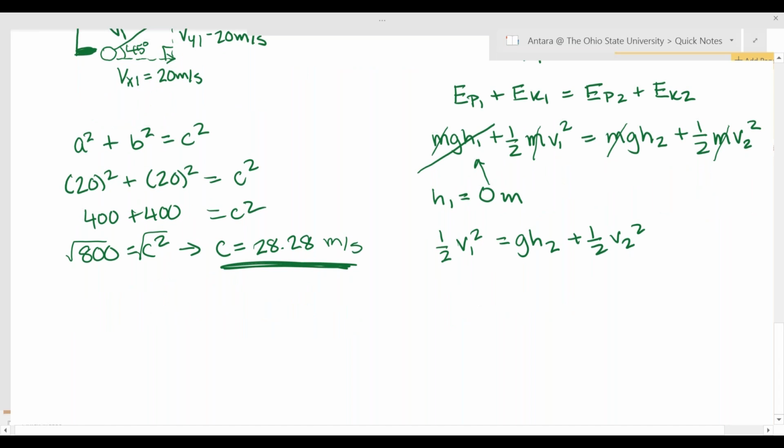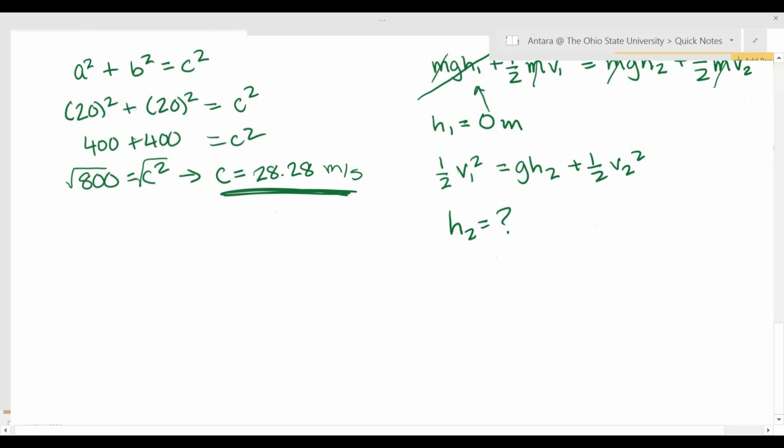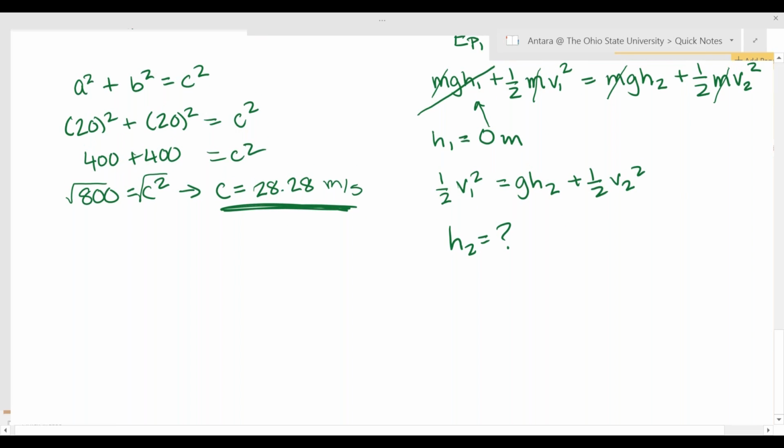Now we're trying to find h2. Since we're trying to find h2, we want to isolate that variable. So first, we bring the 1/2 v2 squared over to the left side.